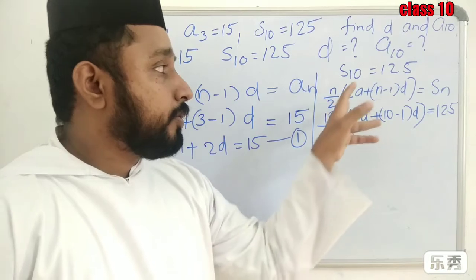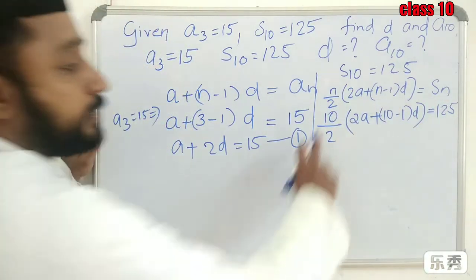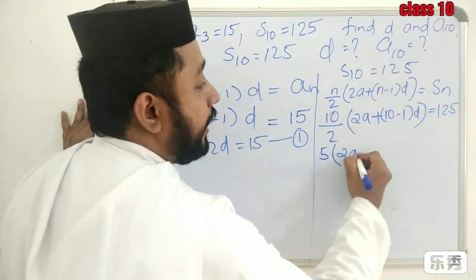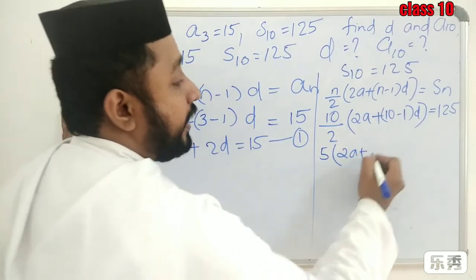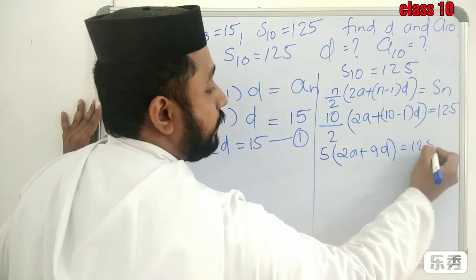Here n is 10. Using this formula, we substitute the values. 10 by 2 means 5 into (2a plus 10 minus 1, that is 9d), which is equal to 125.